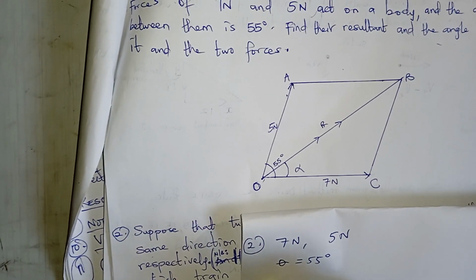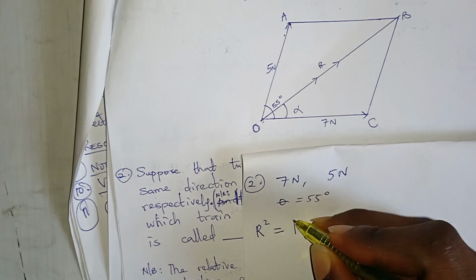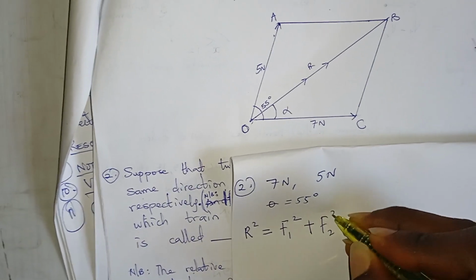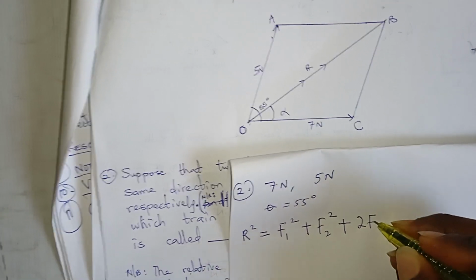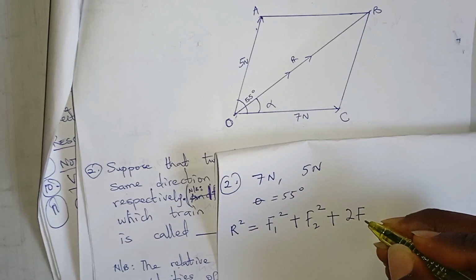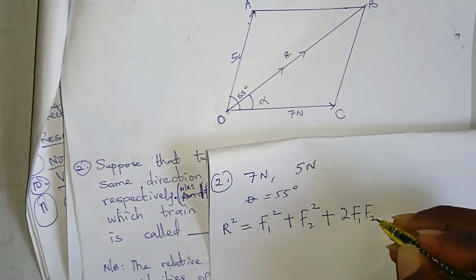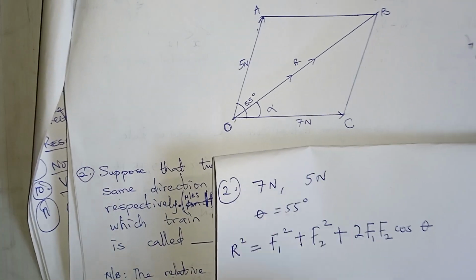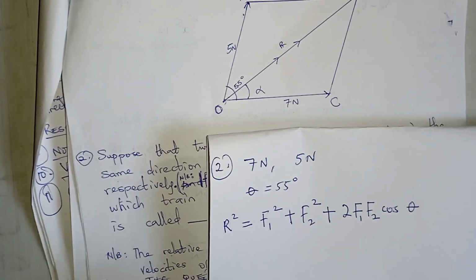So using cosine rule, I have that r square is equal to f1 square plus f2 square plus 2 f1 f2 cos theta. If you don't understand this formula, watch my first video, I explained it. How we derive this formula is in the first video I posted.